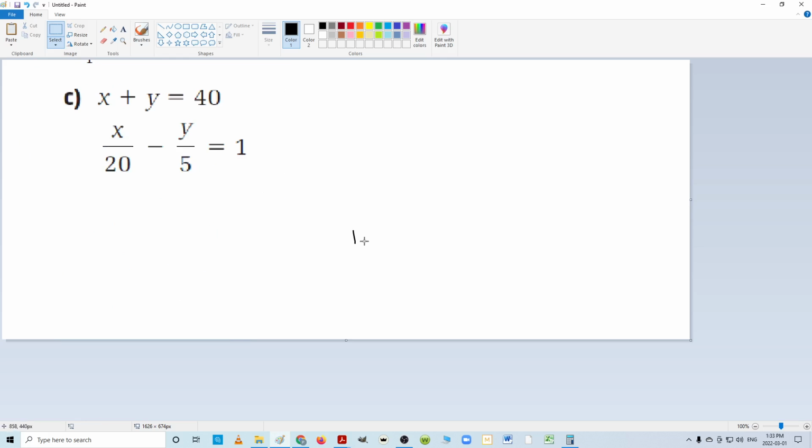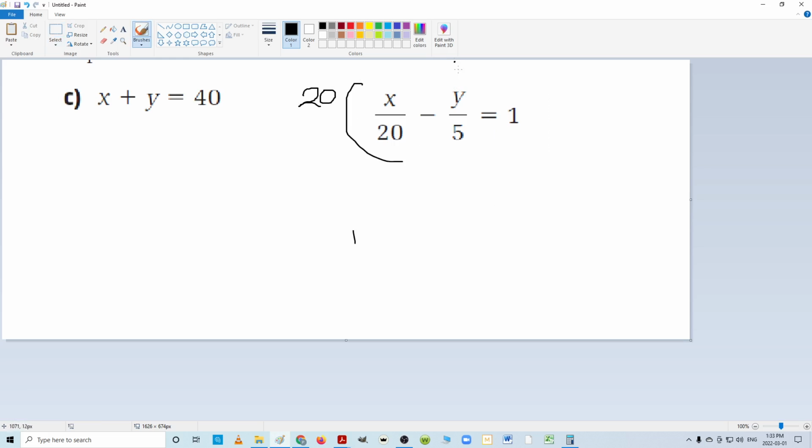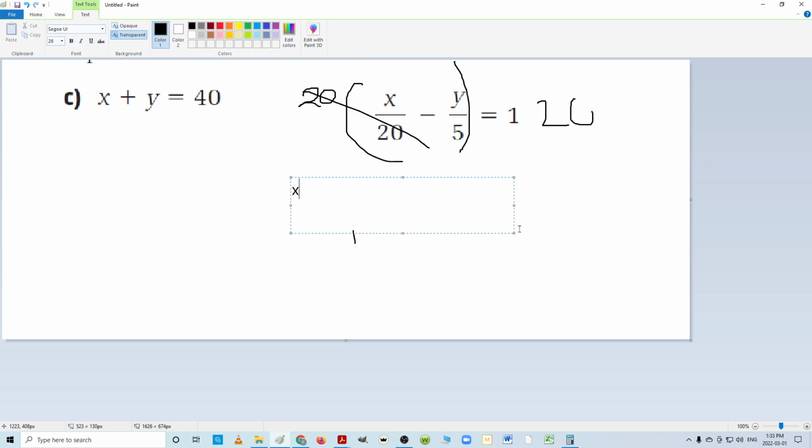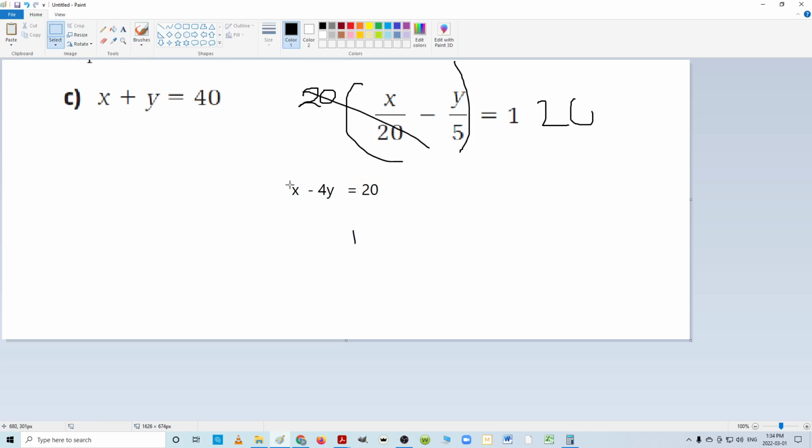And what about this one? Well, it's easier if I multiply this bottom one by a number that will get rid of 20 and 5. So if I multiply 20 times the left side and 20 times the right side, these cancel. 5 goes into 20 4 times. So I get on the top x minus 4y is equal to 20. And then I can just put them one atop another and use elimination.